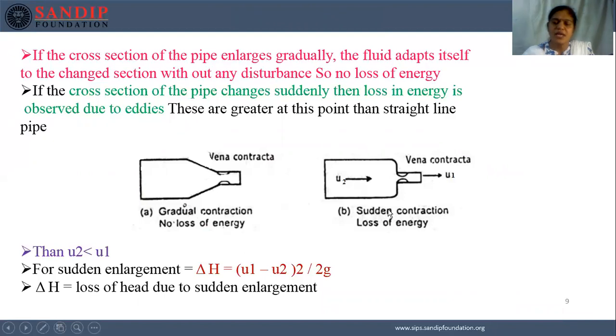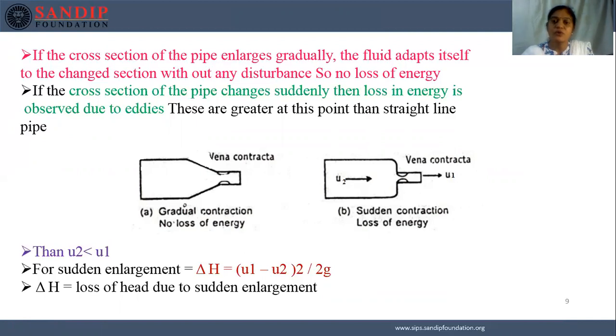Now we will again explain this with the help of a very routine example, that is the tomato sauce bottle, which is filled with sauce. When we try to invert it, the velocity of the tomato sauce is minimum at the middle portion.